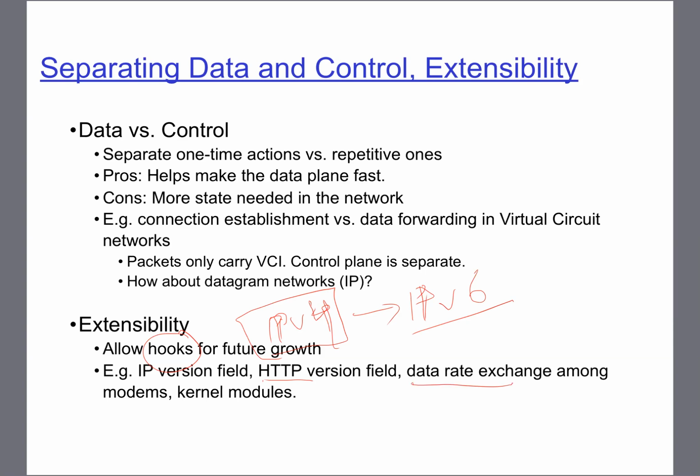For example, two modems are talking to each other. One of them may be an old modem, one of them may be a new modem. How do they know what data rate to talk at? So again, there's a data rate that's exchanged in the beginning based on which the modems synchronize with each other, and so forth. Kernel modules, you have all run into this problem. Kernel modules have a version field, right?